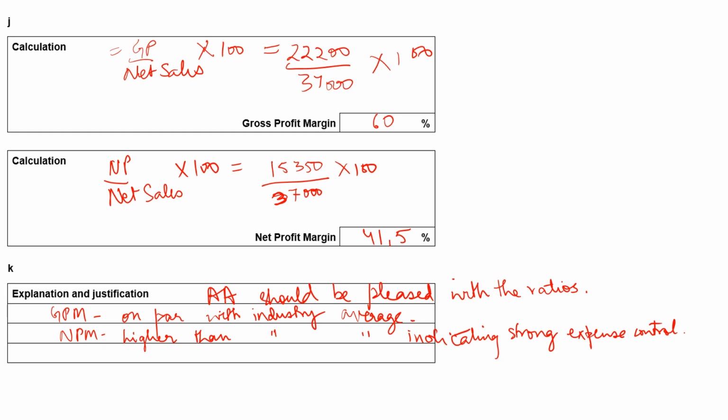With the first one, it's on par with the industry average, which is excellent because it suggests that you are achieving a sound markup and return on sales. The other one is also really pleasing because it's way higher than the industry average, indicating very strong expense control. So because it's 11.5% higher, Antique Arts is getting 11.5 cents more out of every sales dollar towards their net profit than average in the industry.